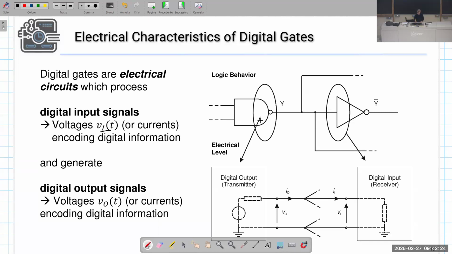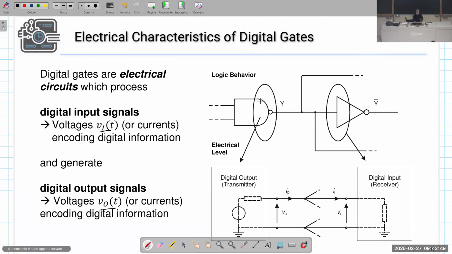So input signals at the electrical level are actually voltages which are applied at the input of an electrical circuit. And the electrical circuit generates other voltages which encode the result of the digital processing performed by the gate.